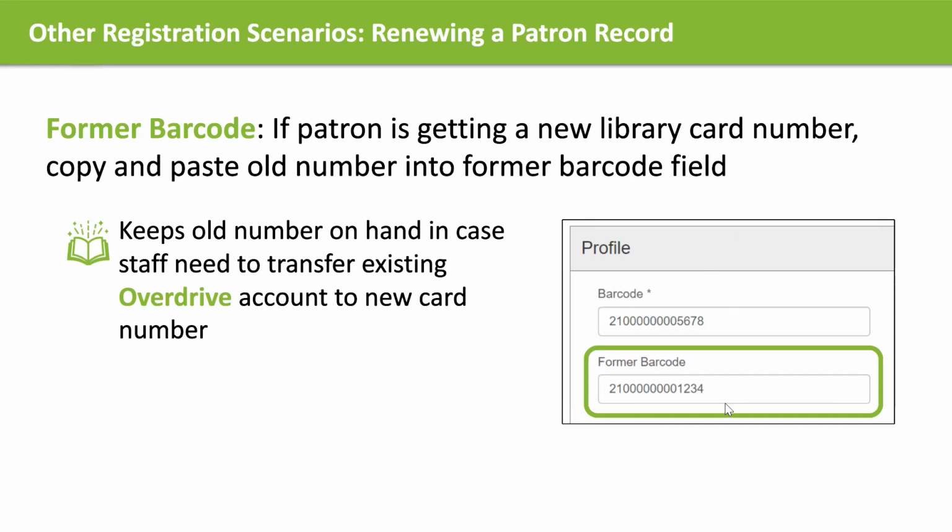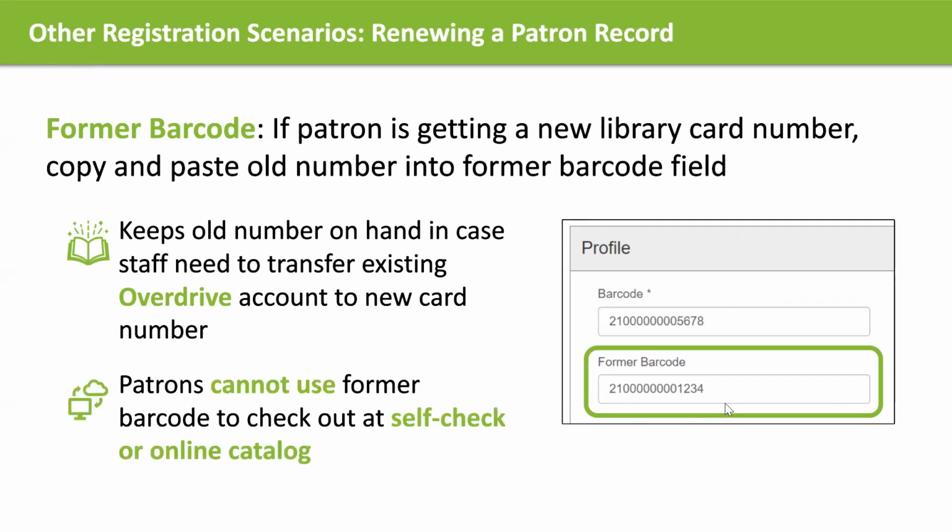However, the former barcode field does not have an active application, meaning if a patron tries to scan their old card number at a self-check machine, or if they're trying to log into a database or the online catalog, the service isn't going to be able to identify the patron using the former barcode field.